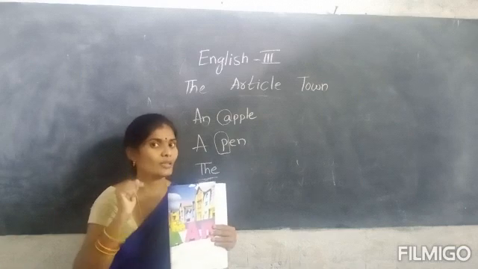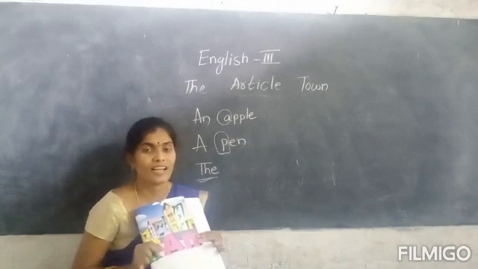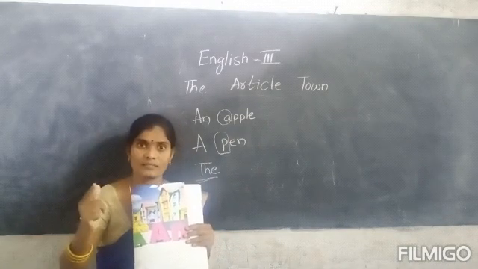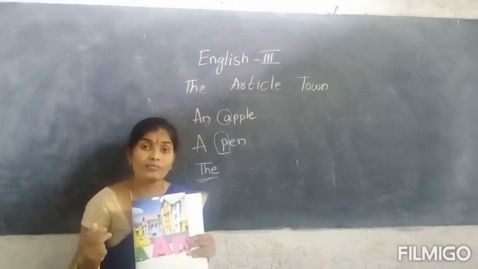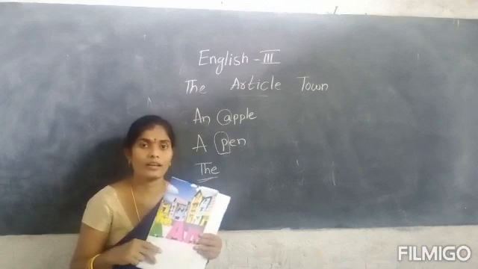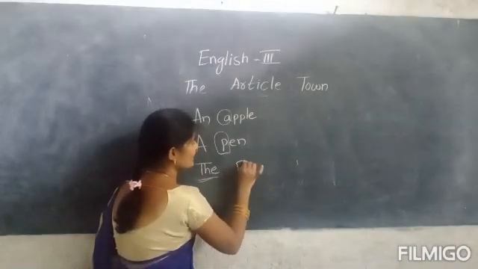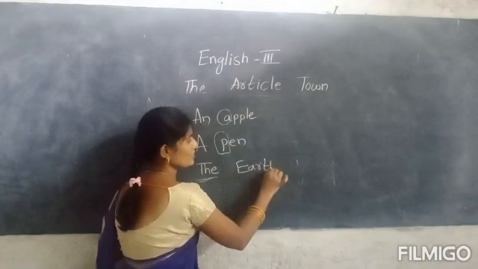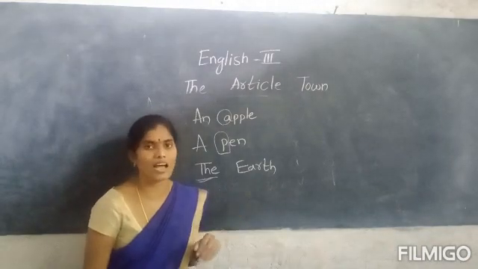Don't touch the book because it is special to me. And when it is special, like the sun, the moon, the earth, for them we have to use the. For unique items we have to use the.